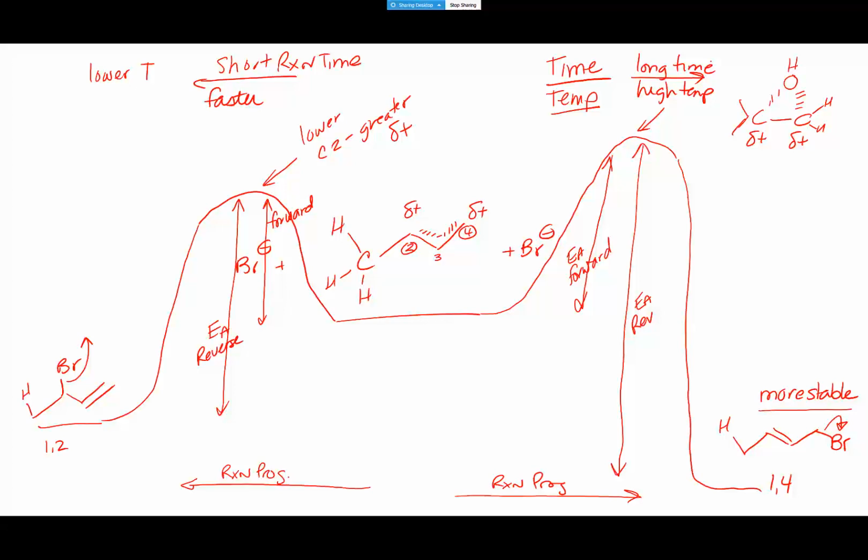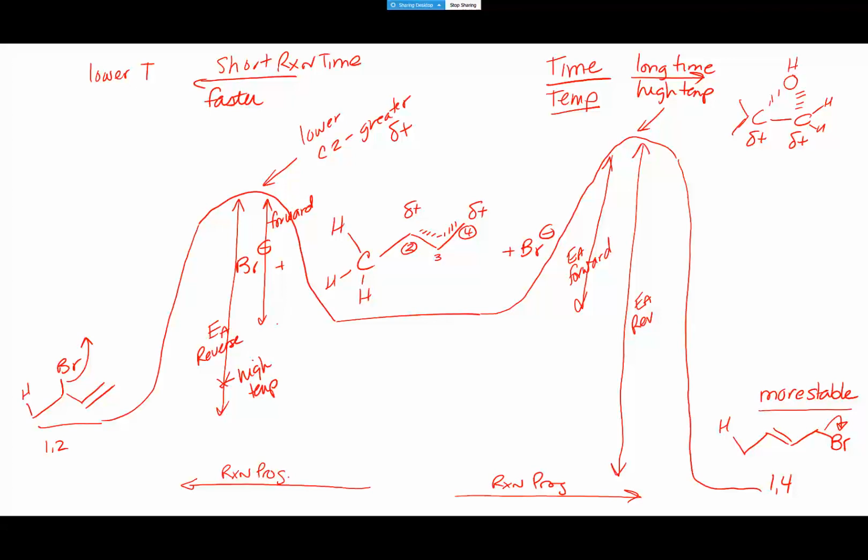Does that make sense? Why do you need that high temperature? Because I've got to overcome this barrier. This barrier is going to require high temperature to reverse itself.